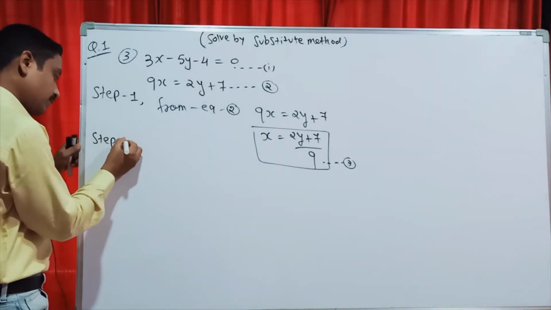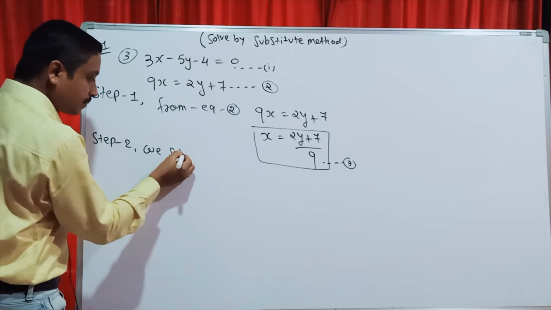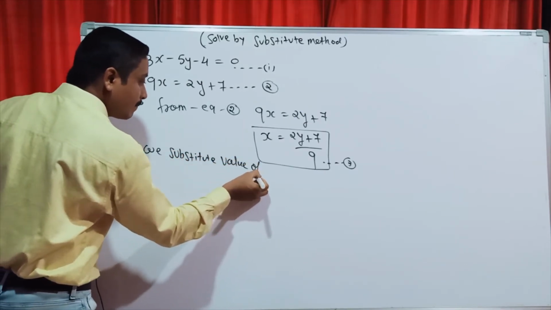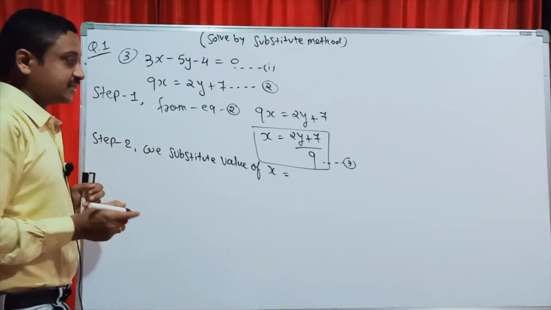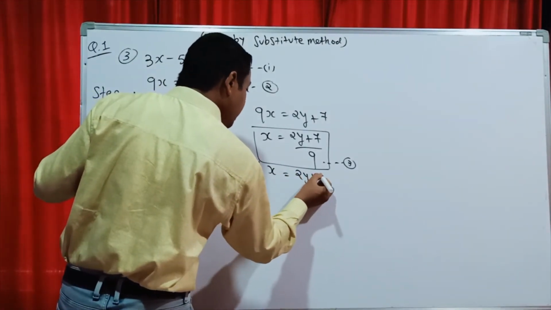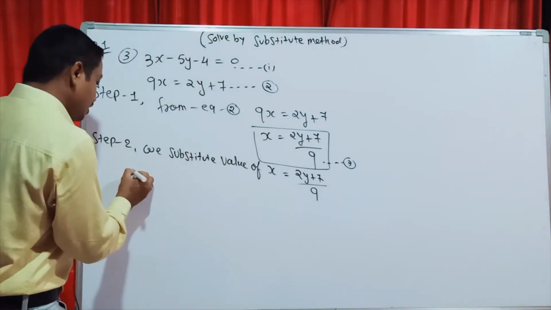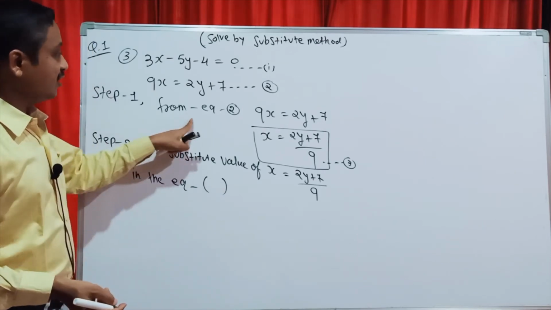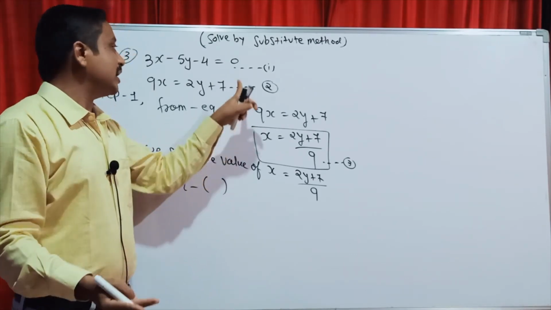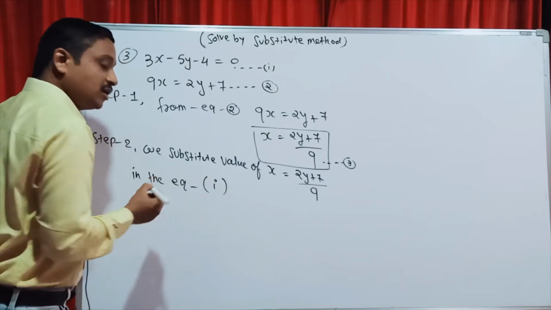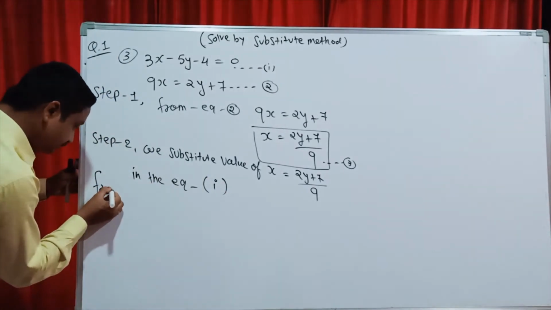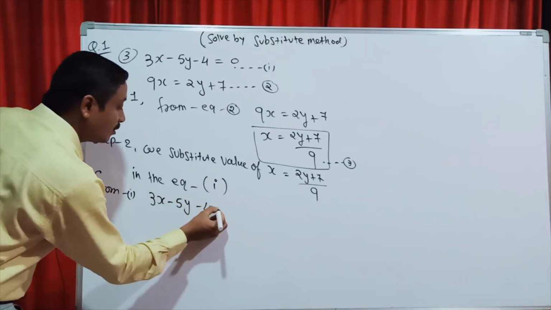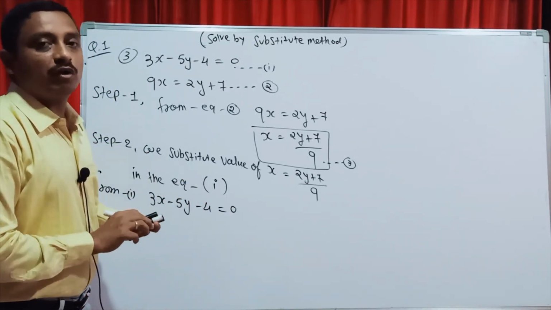So step 2, we substitute the value of x, yes, x is equal to 2y plus 7 by 9, in the equation number, which equation? We started from the second equation, students. So I apply it in equation number 1. So from 1, what is it? 3x minus 5y minus 4 equal to 0.